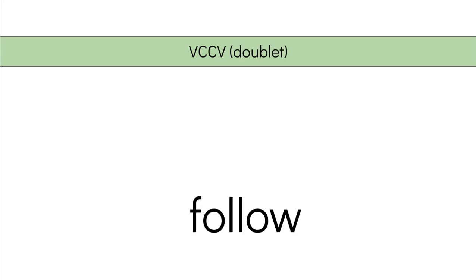Let's take a look at another example here. This is a vowel consonant, consonant vowel. Now, we've added a word here from last week. We didn't call this a doublet, but a doublet is when we have the two consonants that are the same in the middle of the word. So let's take a look at the word follow, fall, low.